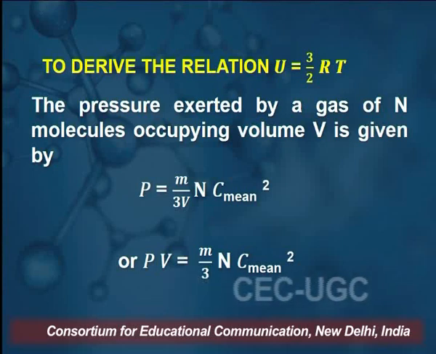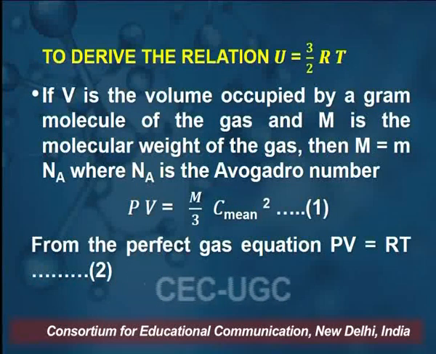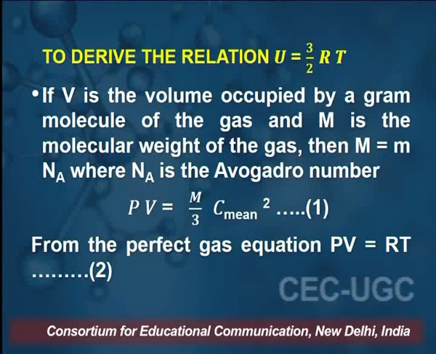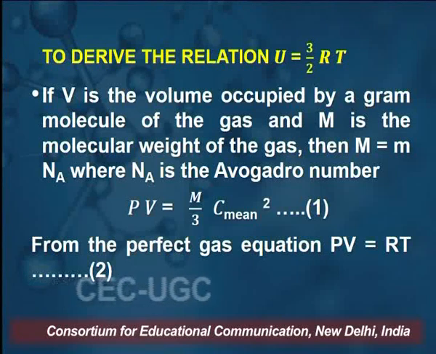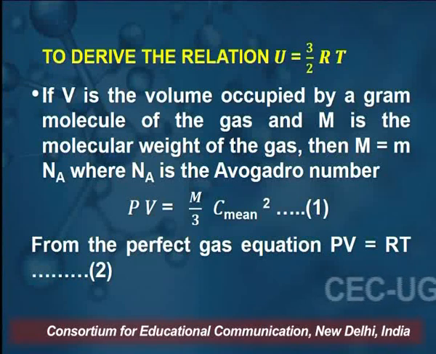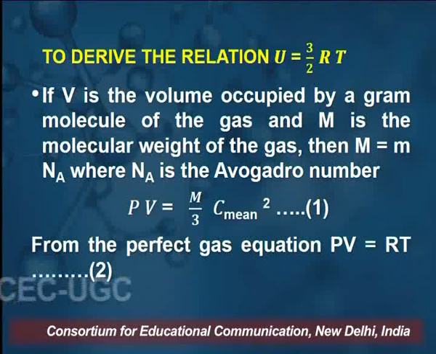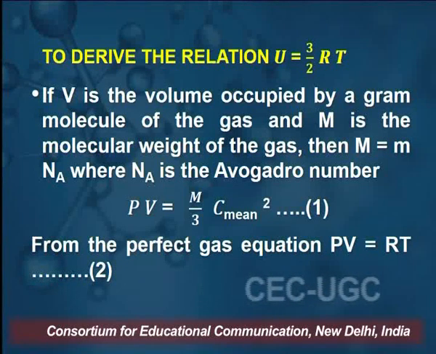So rearranging the terms, we get PV is equal to m by 3 into n C mean square. If V is the volume occupied by a gram molecule of the gas and capital M is the molecular weight of the gas, then capital M is equal to m into Na, where Na is the Avogadro's number. So we get PV is equal to M by 3 C mean square.